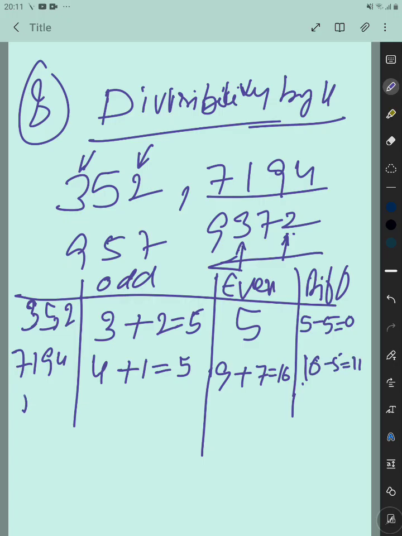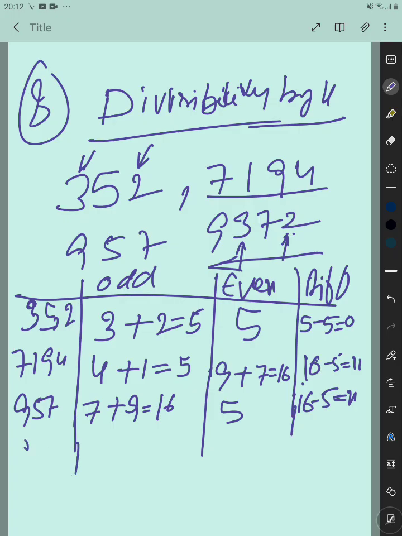Take the third number, 957. At odd places it is 7 plus 9, which is 16, and at even place it is only 5. The difference is 16 minus 5, which is 11.